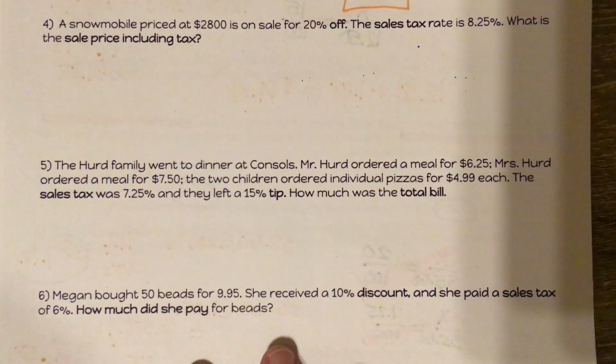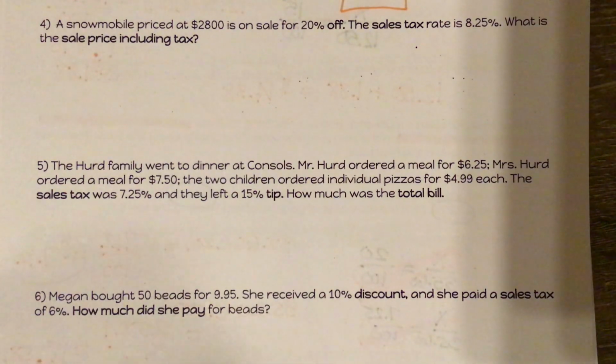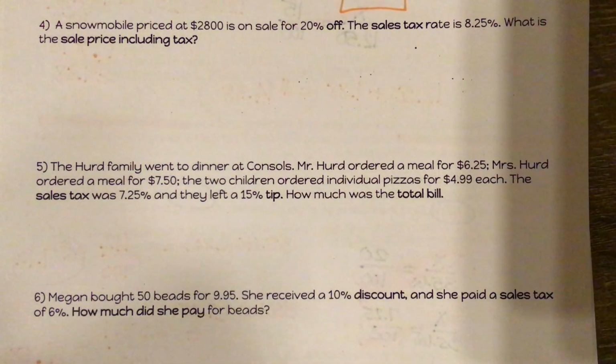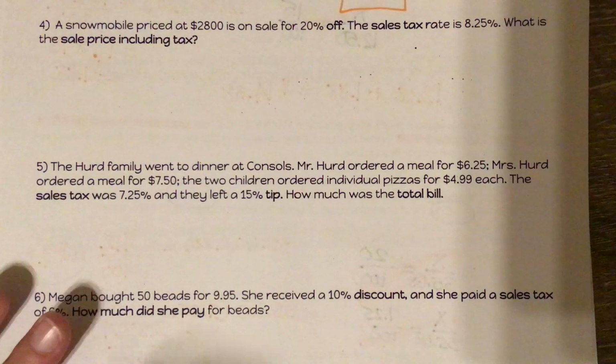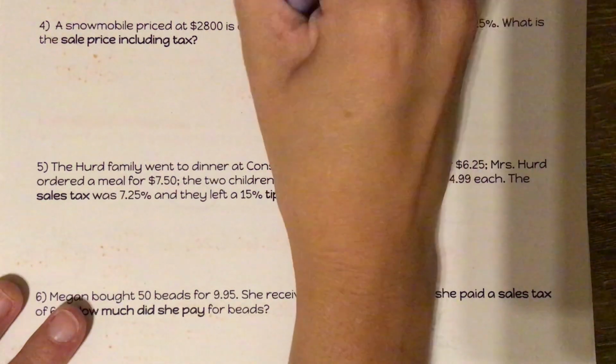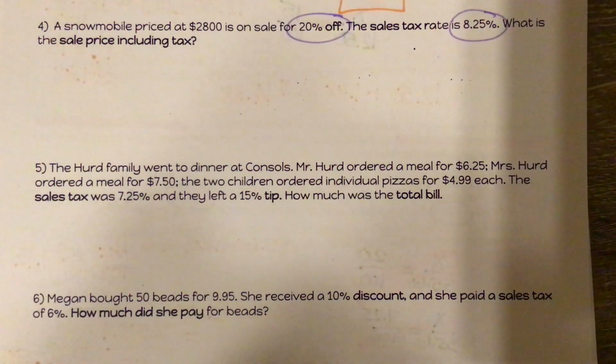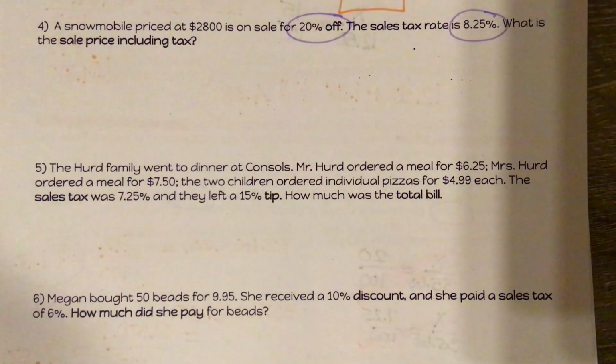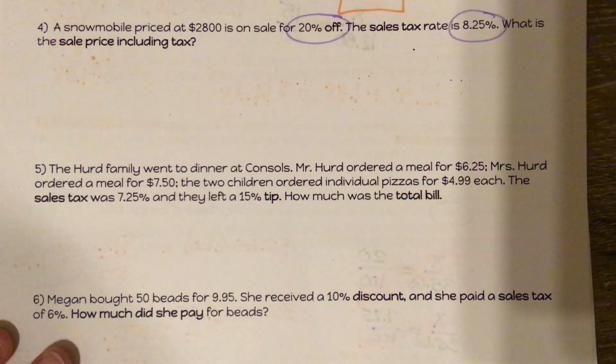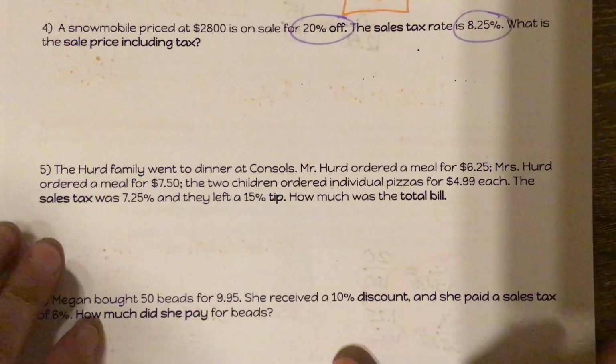Number 4, a snowmobile priced at $2,800 is on sale for 20% off. The sales tax rate is 8.25%. What is the sale price including tax? All right.